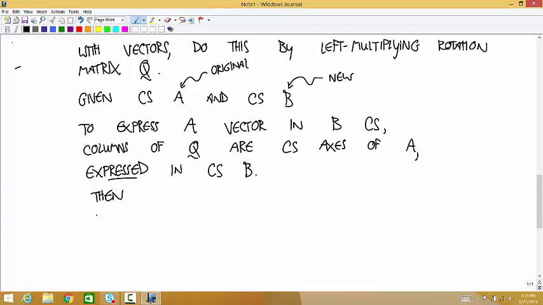Then the vector expressed in B is equal to Q times the vector expressed in A.